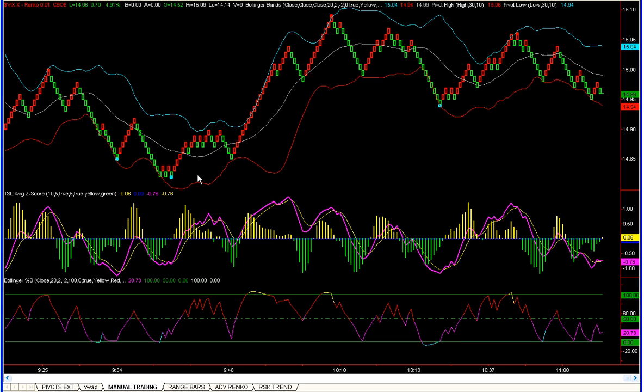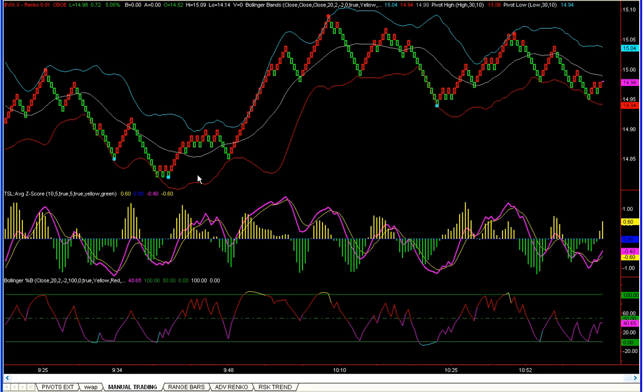Now, it may not change direction for very long, but it's going to change direction. So when you're looking to make a trade, you can expect that some movement is going to take place with the S&P when the VIX moves close to its maximum standard deviation off of the Z-score.